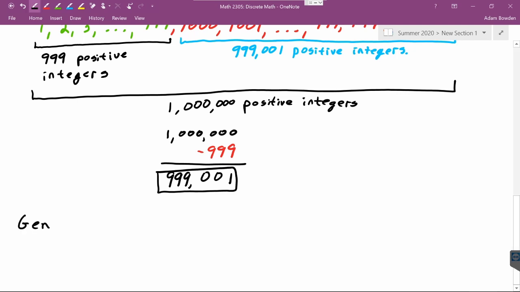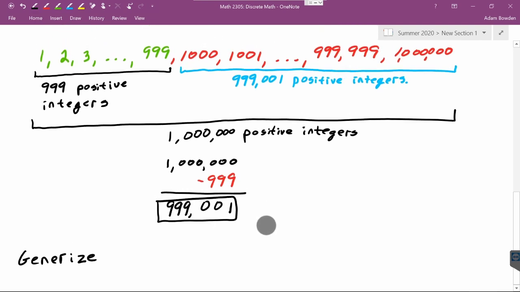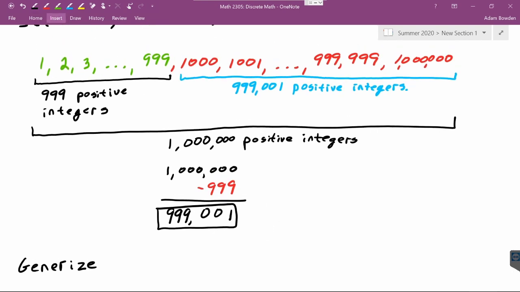We'd like to also know what a formula would look like for finding the number of positive integers between two values. Well, let's approach it this way. So we're going to generalize. Generalize means to use, in this case, variables in order to make it work for any potential values we might run into.